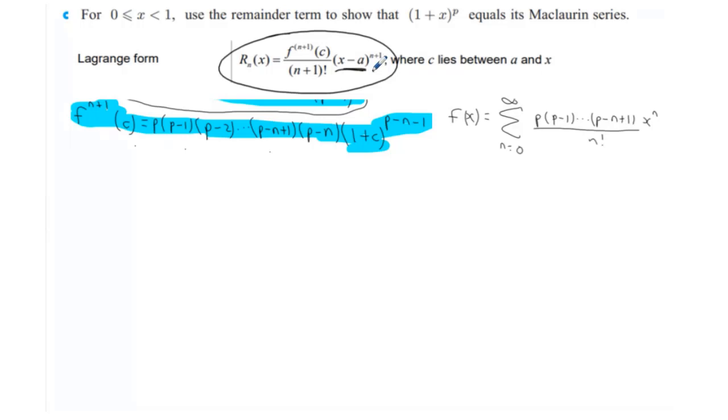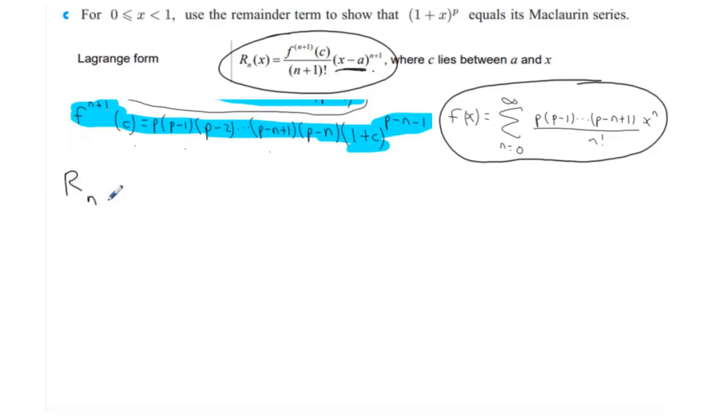We already have our n plus 1th derivative evaluated at c, which is quite handy, and we already have this series as well, so we're just going to put everything together, and it's just going to be x to the n plus 1 over n plus 1 factorial.